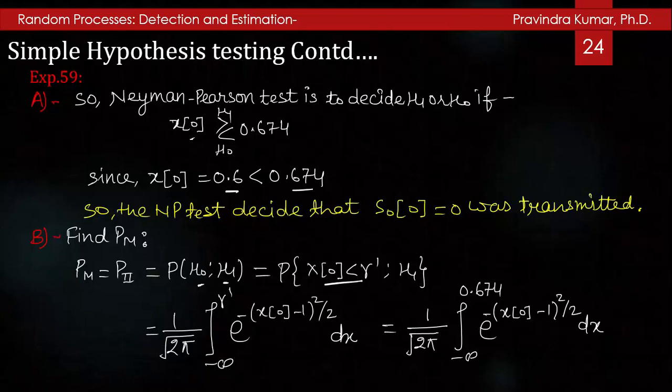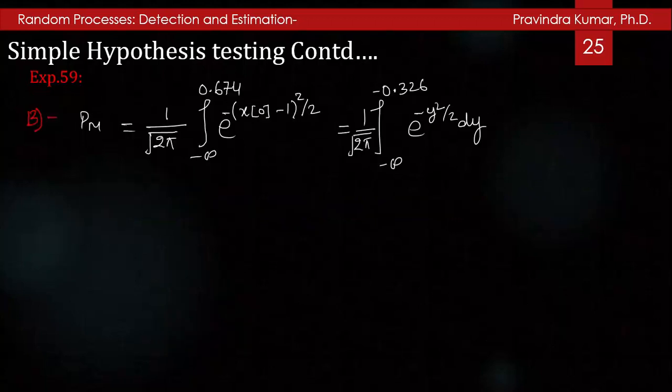This will be equal to 1 by under root 2 pi, minus infinity to 0.674, e to the power minus (x0 minus 1) whole square by 2 dx. And this will be equal to 1 by under root 2 pi, minus infinity to minus 0.326, e to the power minus y square by 2 dy.